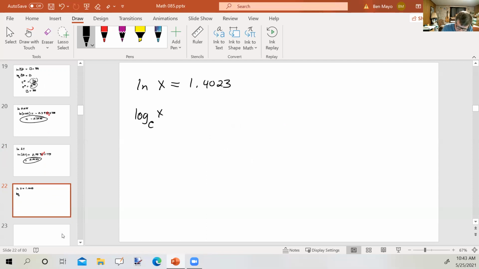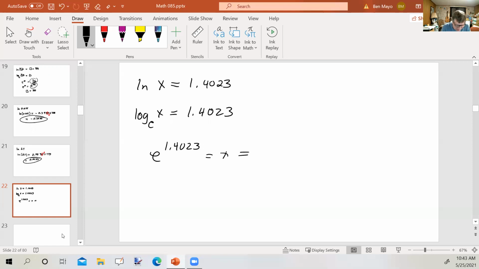So we've got log base e of x equals 1.4023. We can take this logarithmic equation and rewrite it as an exponential equation, e to the 1.4023 equals x. We can plug that into our calculator.